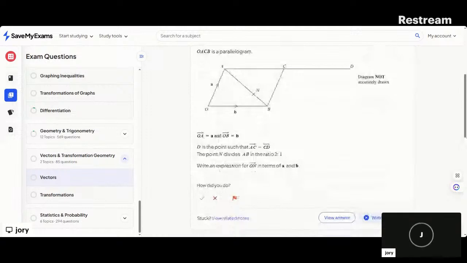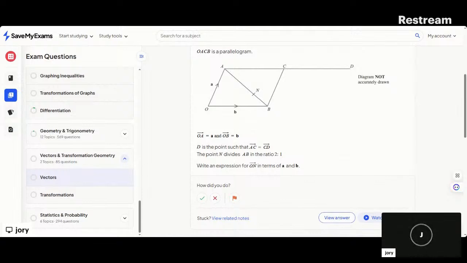ON. AB is B minus A. And AN is 2 out of 3B minus 2 out of 3A. That's AN.